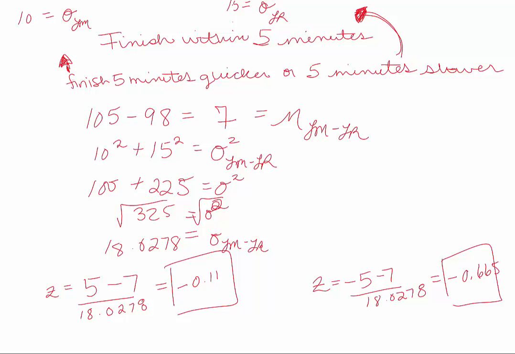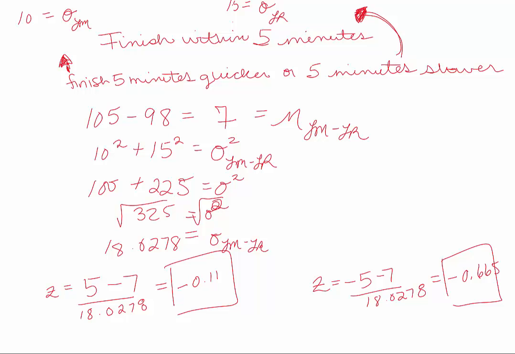Now, again, if we would have done Lawrence minus Lamar, these numbers would be backwards, and therefore they would both be positive. But the difference between the probabilities is going to be the same, between 0.665 and 0.11, and between -0.665 and -0.11.